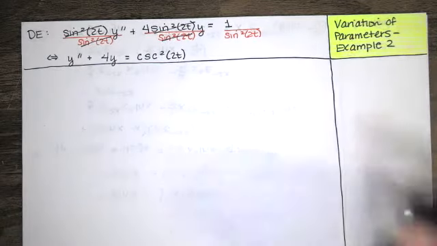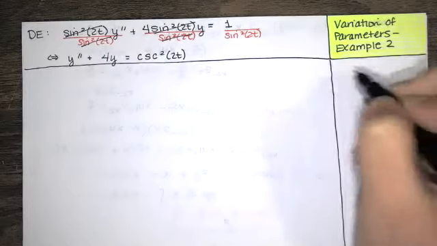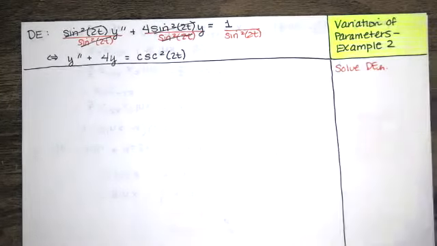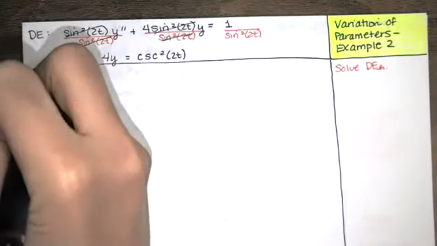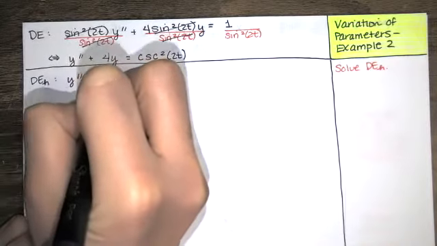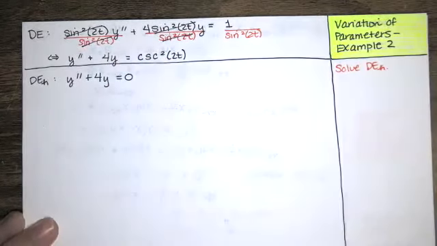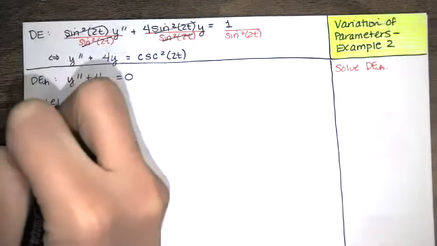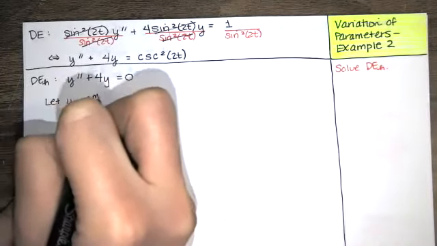And the first thing we do when we use variation of parameters is we solve the corresponding homogeneous equation. So we've got y double prime plus 4y equals 0. Now the homogeneous equation in this case has constant coefficients. So we're going to let y equal e to the mx.